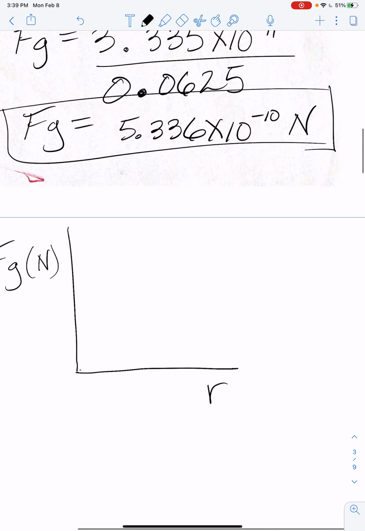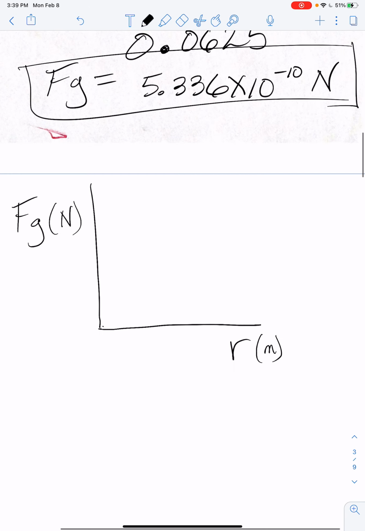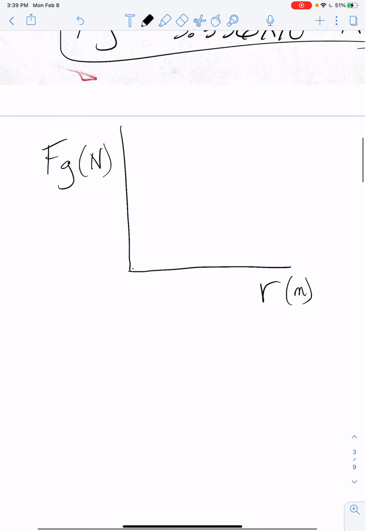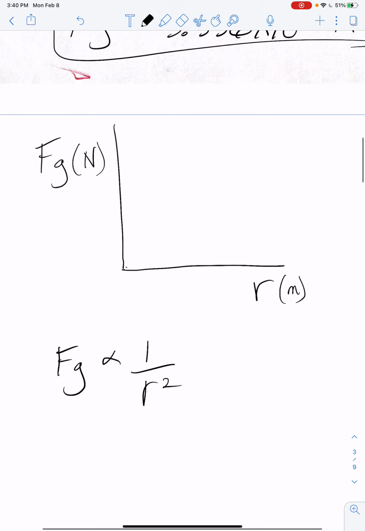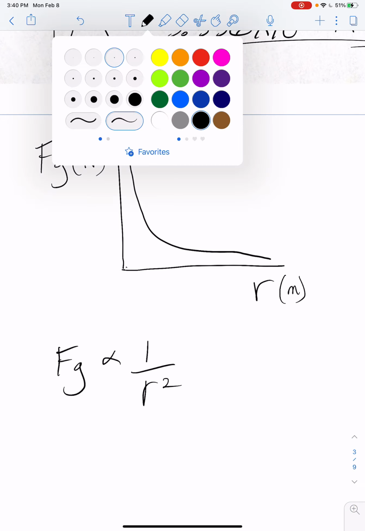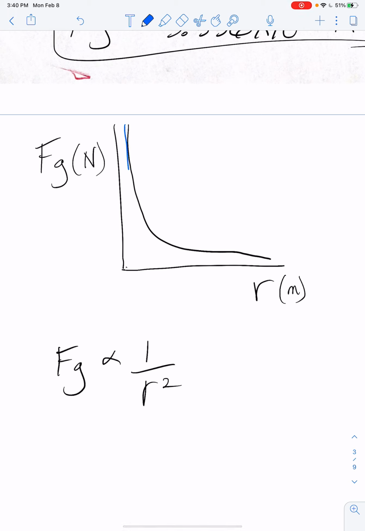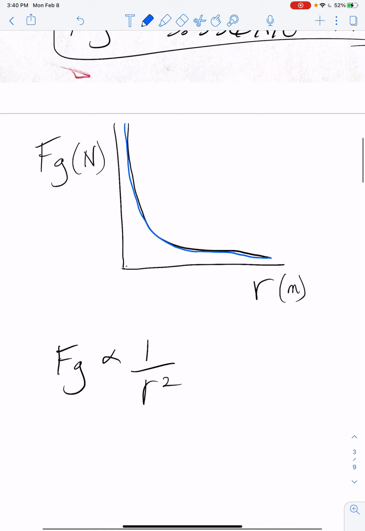Fg is proportional to 1 over r squared. If you graph it, it looks a little like the inverse relationship graph, like this. I just wanted to point that out because it's not a bad thing to start to notice. This is the graph of Fg versus r.